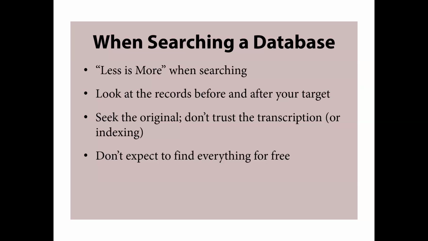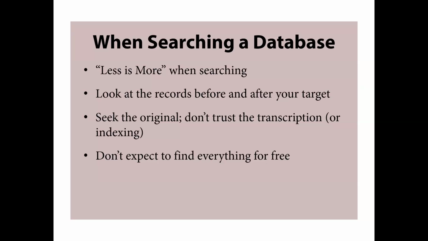You also want to look at the records that are what we call before and after your target, which means sometimes there are records that were indexed, but the page before or after may not have been included in that database search, or maybe they include neighbors or family members that are going to be important to look at.